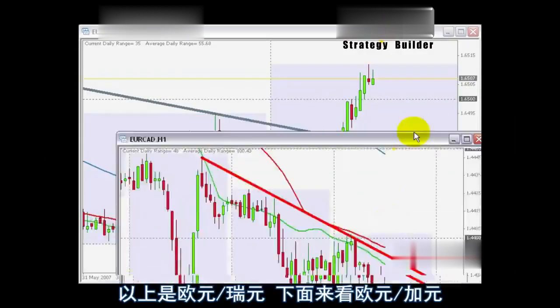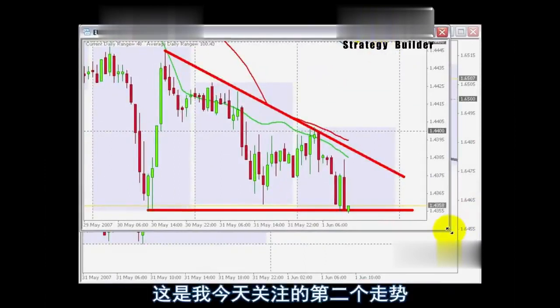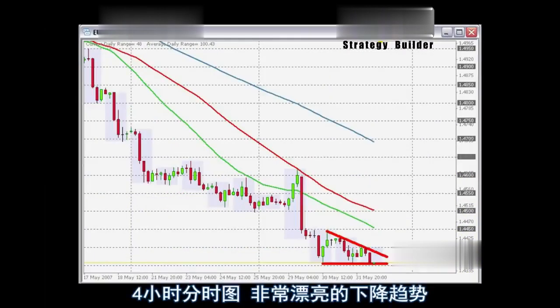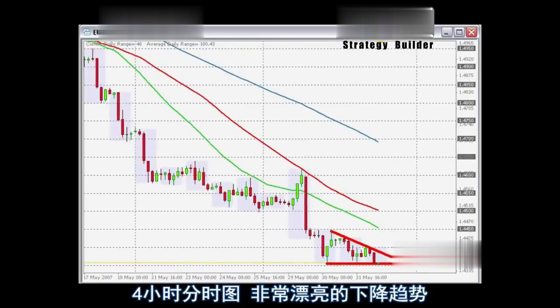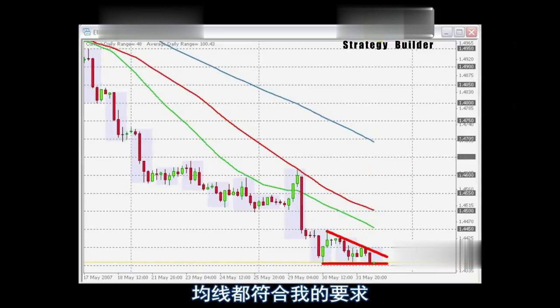Let's go now into the Euro Canadian dollar. This is the second trade, the second chart I'm following today. In the 4-hour chart, we see a nice downtrend with the moving averages again all placed the way I like them to be placed, as I explained in the course that I'm preparing.